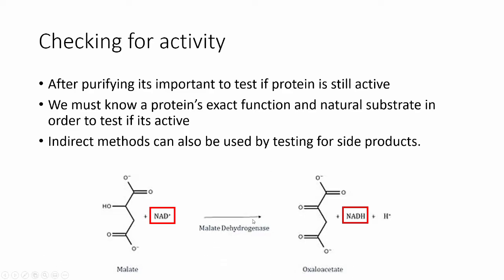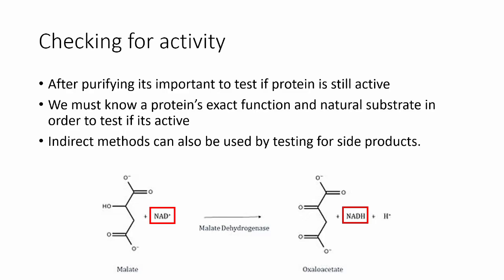But we can see the conversion of NAD+ to NADH. So because we need one NAD+ every time we convert malate, we're able to get an idea of how active our actual MDH is.